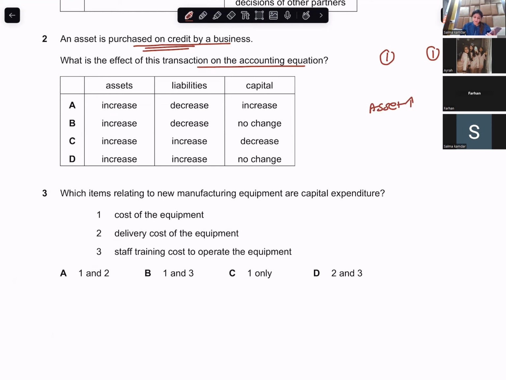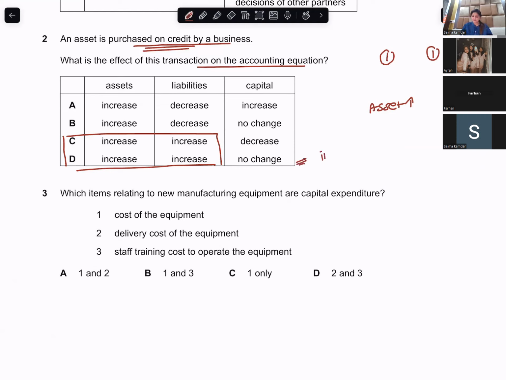So which could be the options? It could either be C or D. Capital isn't decreasing. What affects the capital? Capital will be affected if there's any money invested again or any drawings that are made.